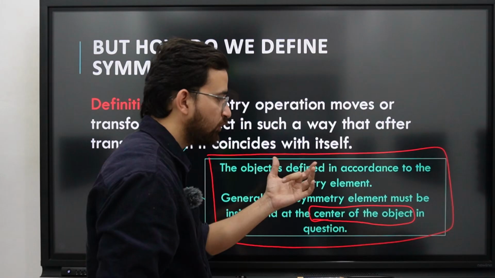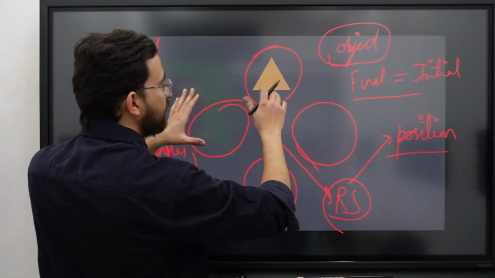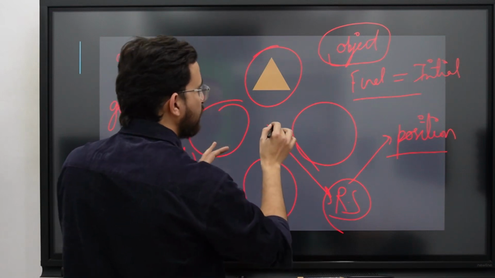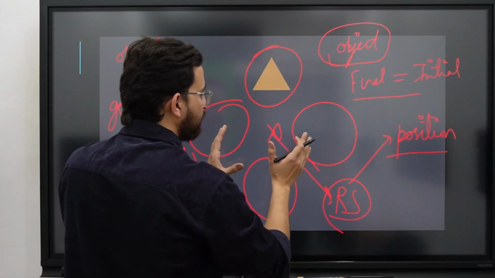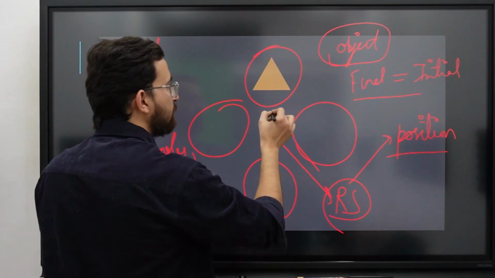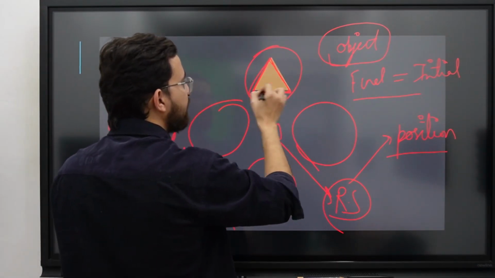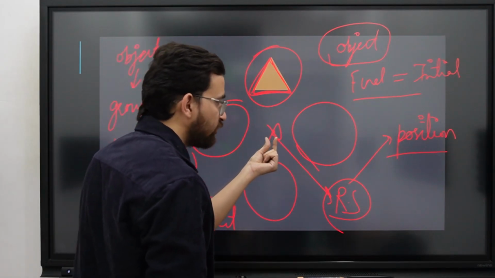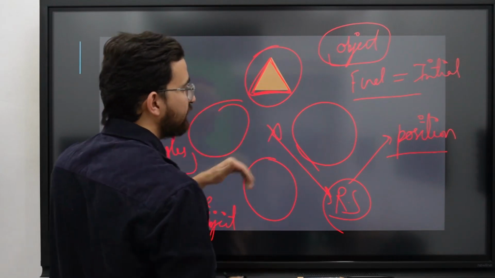If you want to study this rotation symmetry that is present here, you would have to imagine a bigger object in whose center this rotation symmetry lies. You cannot study this individual triangle using this rotation symmetry. Why? Because this rotation symmetry is not inside this triangle, it is outside that triangle.